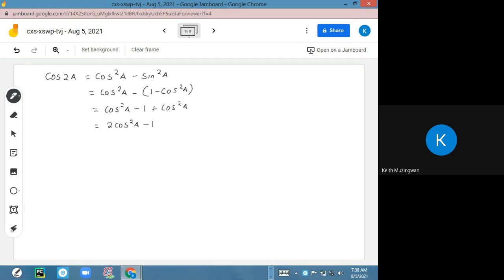So if we take 1 the other side, we'll have cos 2a plus 1 is equal to 2 cos squared a. We divide by 2. We'll have cos squared a is actually equal to 1 plus cos 2a over 2.